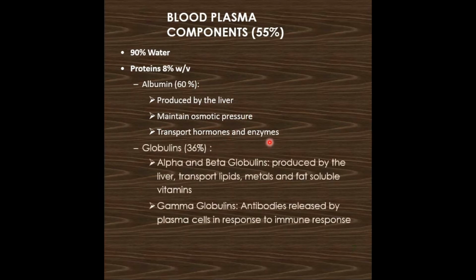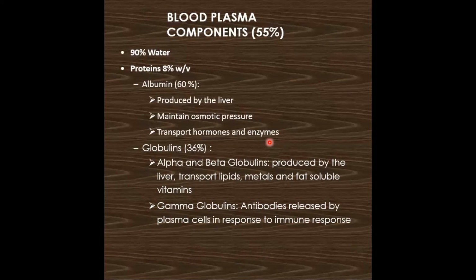The second one is globulins, the larger molecule as compared to albumin in terms of molecular size. There are two types of globulins, alpha and beta globulin. Both types are produced by the liver and are used to transport lipids, metals, and fat-soluble vitamins. There is also a third type known as gamma globulins.